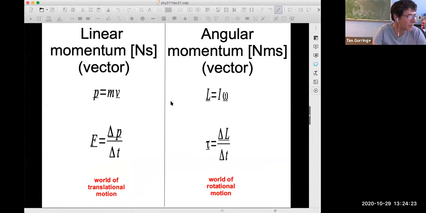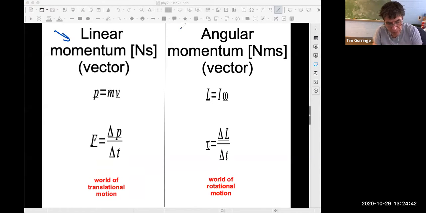So here's a summary of that, because I wanted to show you very directly the parallels between linear momentum and angular momentum. Linear momentum's over here on the left-hand side in this overhead. Angular momentum's over here on the right-hand side. Their definitions in terms of either the linear speed or the angular speed are equivalent: it's just those speeds times either the mass or the rotational equivalent, the moment of inertia, or rotational inertia.